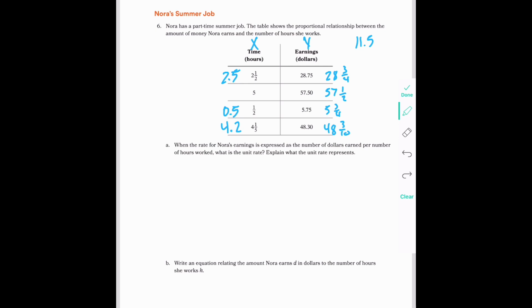So I'm also going to do 57.5 divided by 5, which gives me 11.5 again. And then, like I said, we do it one more time: 5.75 divided by 0.5, which gives us 11.5. So that means 11.5 would be our unit rate, or our constant of proportionality.